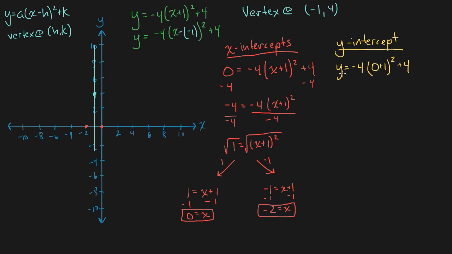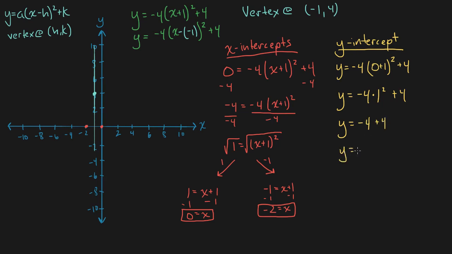All I need to do is simplify this to find out what y is equal to. So we have y is equal to 0 plus 1 is equal to 1. And so I have -4 times 1 squared plus 4. And 1 squared is equal to 1 times -4 is just going to be -4 plus 4.